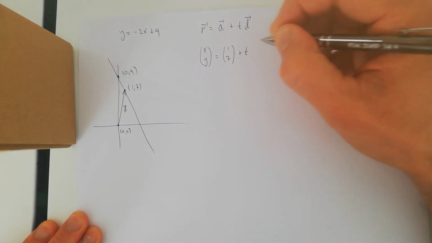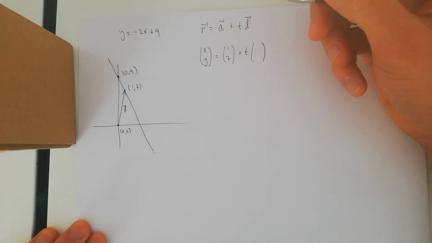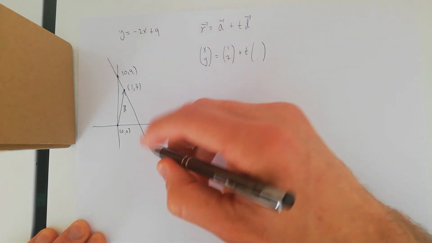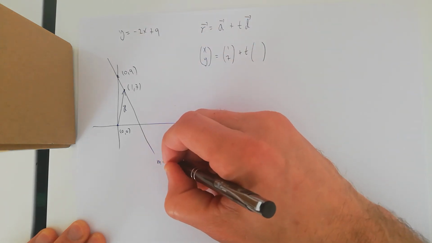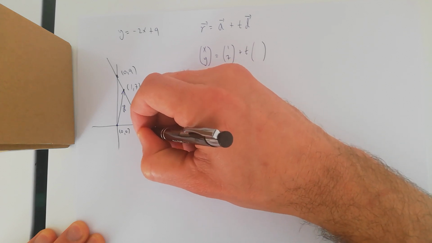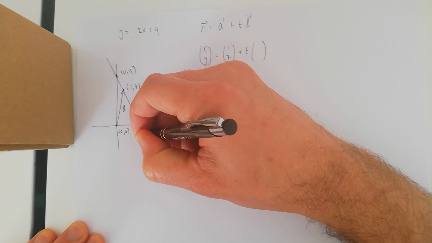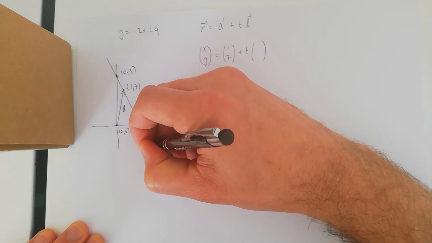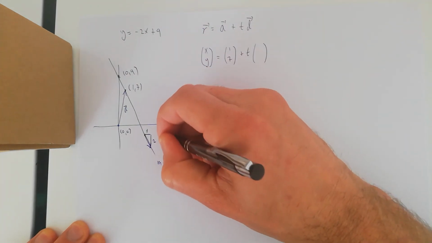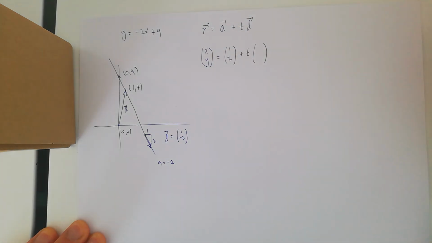Then t is any real number, and the vector d is the vector that is parallel to the line. Now this line has slope minus 2. That means, for example, for one step to the right, that means 2 steps down. That means that this vector is the vector 1, minus 2. 1 to the right, 2 down.